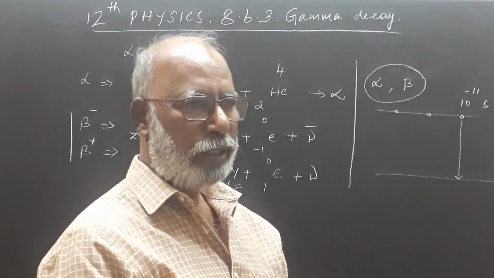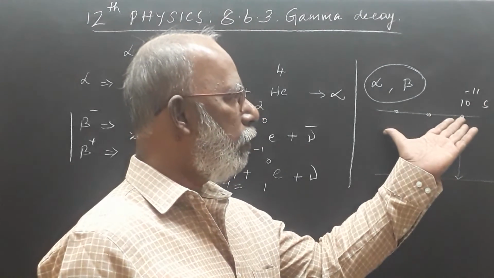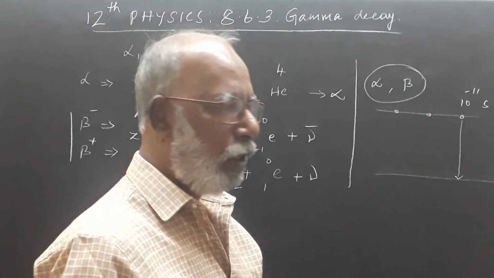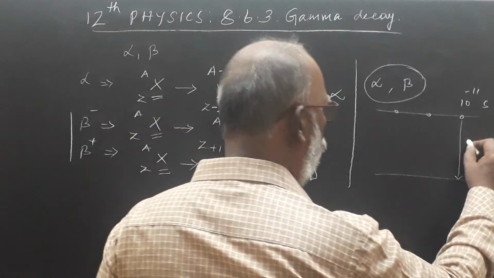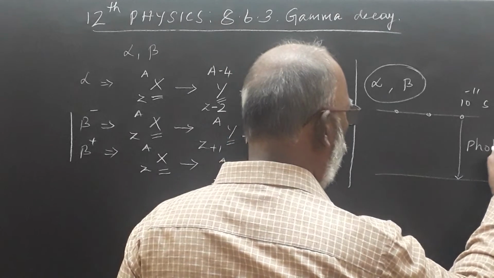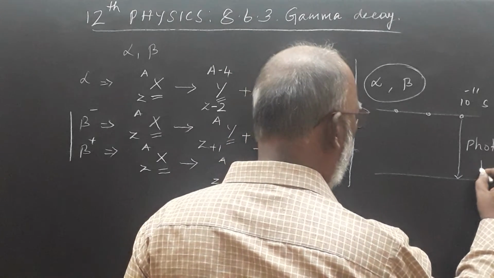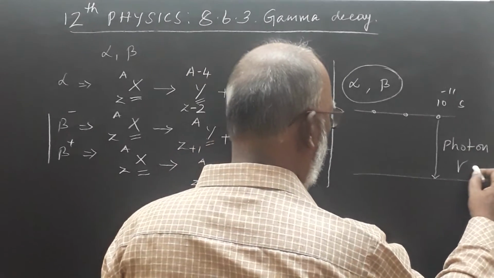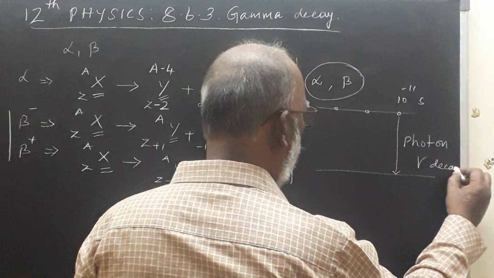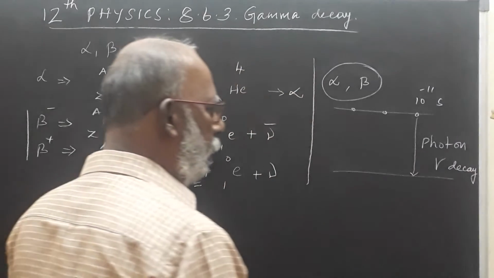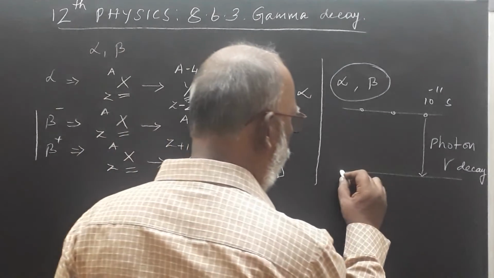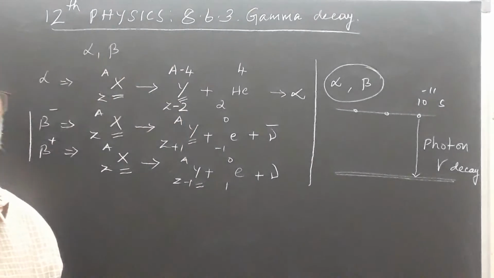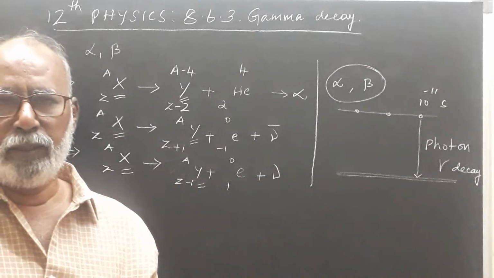After this duration of time, it will again decay to the ground level by emission of photon, which we may call gamma decay, emission of photon or gamma decay. It is very important to understand how the gamma decay happens.